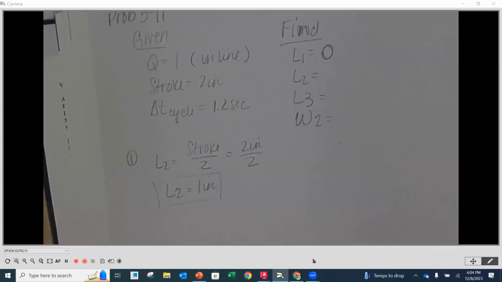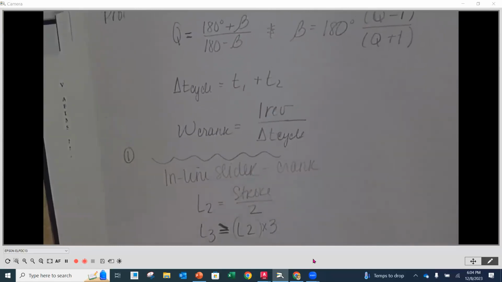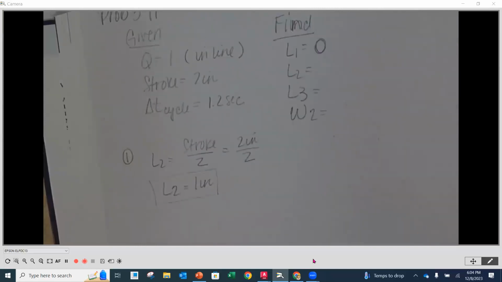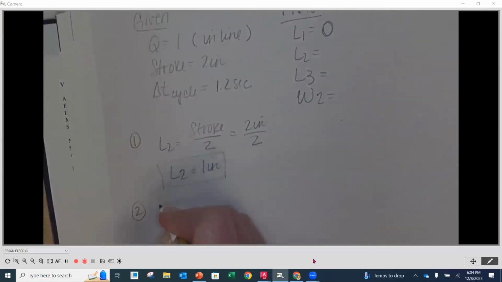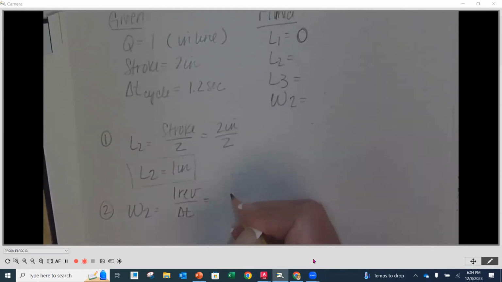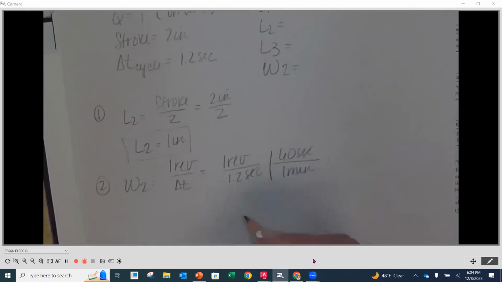Is there anything else that we can calculate? Yeah, we could do the crank speed as well. So we know what the cycle time is. So we are going to do that one right away too, before we go to CAD. So our W2 is going to be 1 revolution divided by that change in time. And that means that we're 1 revolution per 1.2 seconds. Okay. And then we're going to convert that 60 seconds in 1 minute. Seconds cancel.